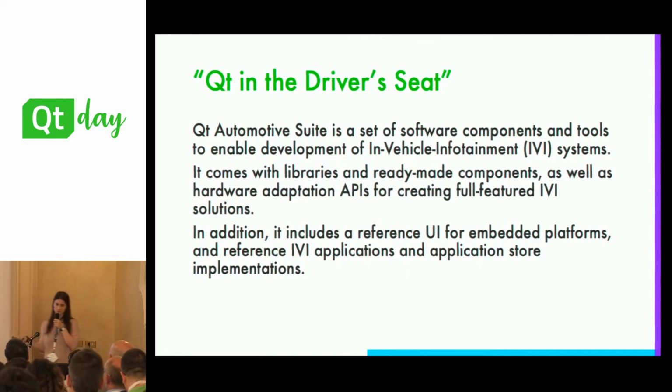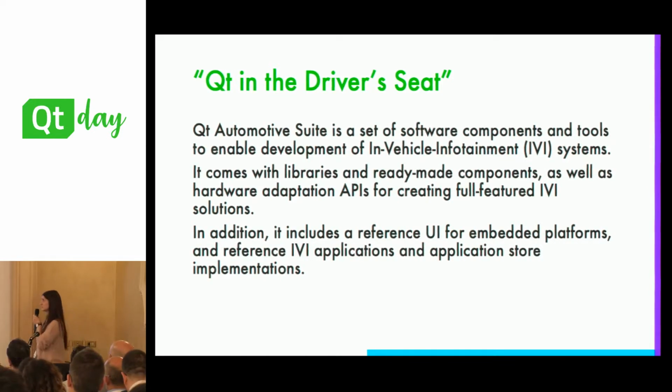Qt Automotive Suite. Anyway, for whoever doesn't know, the Qt Automotive Suite is a set of software components and tools to enable development of an IVI system. That means that it has libraries and components that we can use to create our UI, our interface.